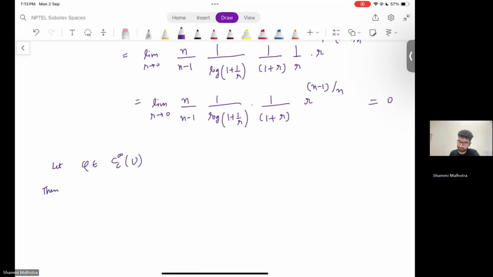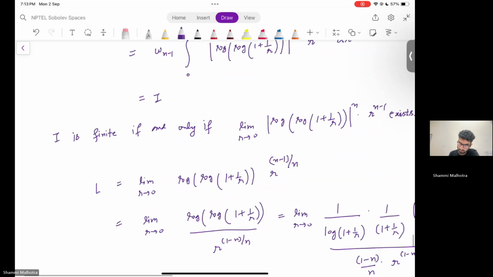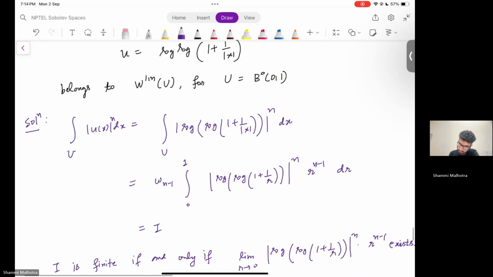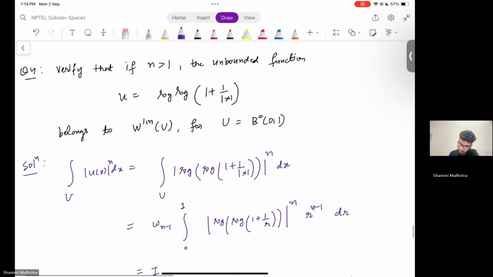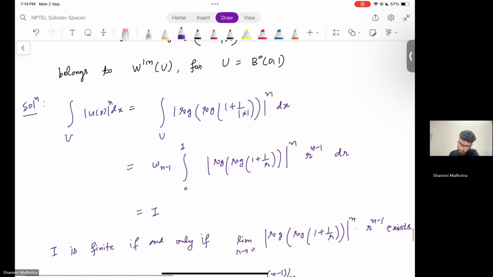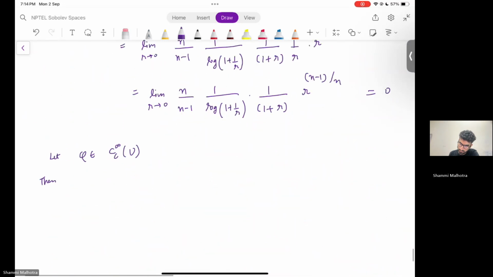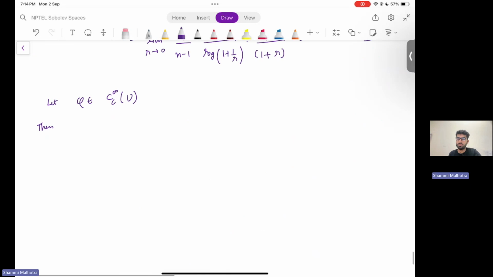Then what we have to consider is the weak derivative.